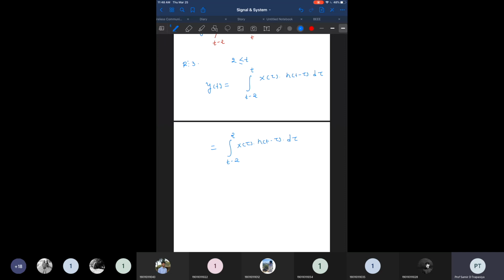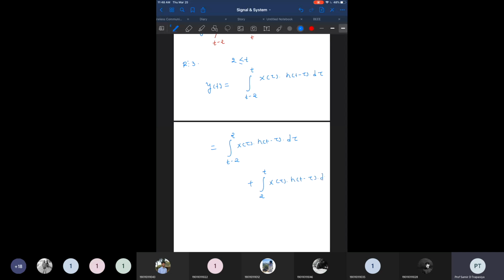Now we put the two different functions here. In this portion we put tau, and here we put 4 minus tau. So in the integration from t minus 2 to 2, the value of x of tau is tau, and h of t minus tau is constant, showing the constant value of 2 irrespective of the integration limit.